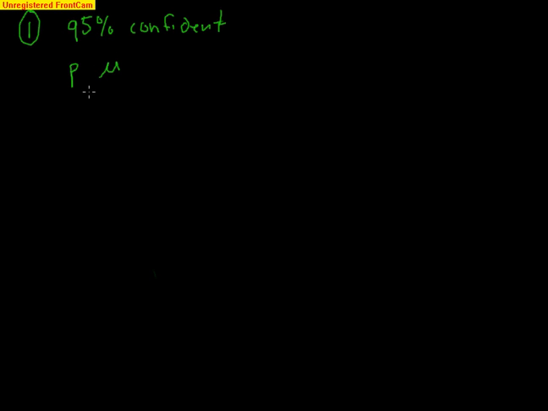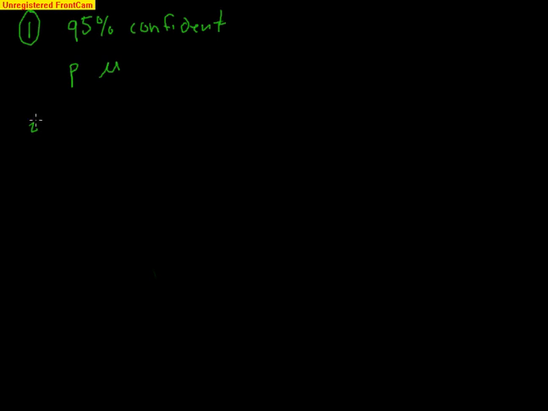But it's not about containing the sample proportion or the sample average, because those are already in the interval. Those are directly in the center of the interval. They were used to create the interval.